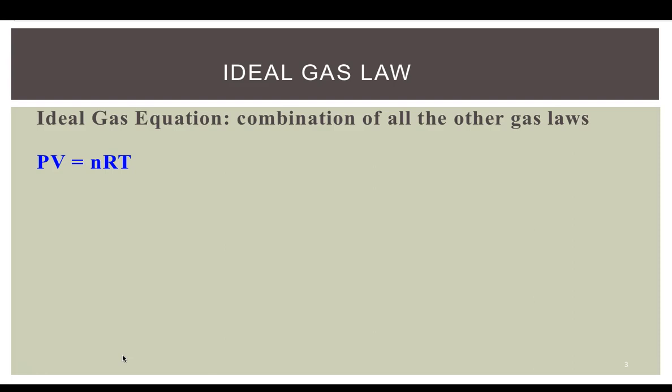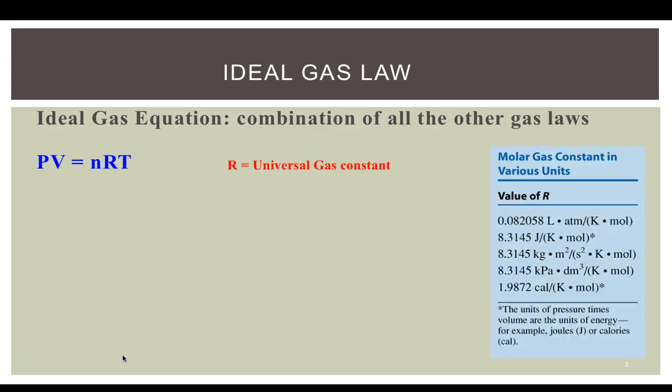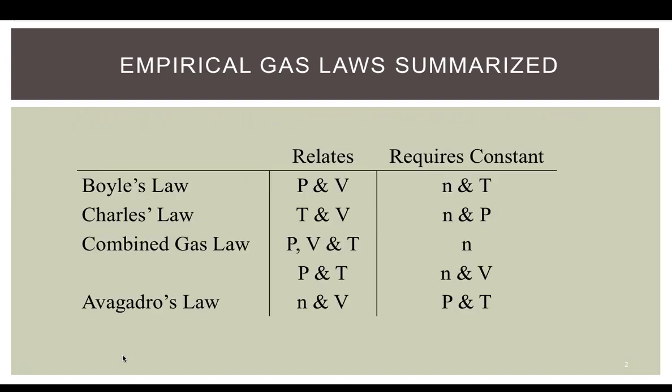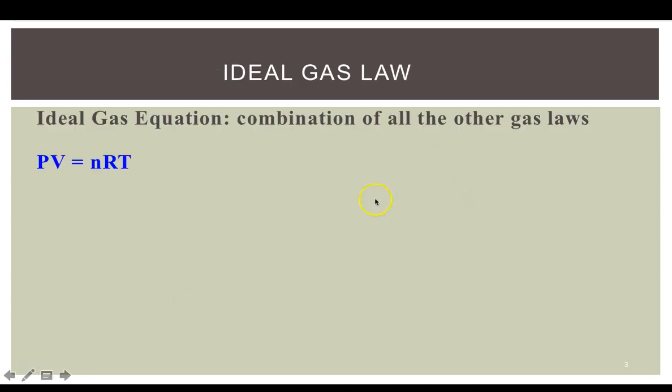So we have this other variable that just popped up out of nowhere, at least seemingly, which is R. So R is the universal gas constant. And so when we were talking about constants before, like P times V equals a constant, if you notice the equation we have right there, P times V equals nRT, if we remember Boyle's law, n and T are being held constant, and P times V equals a constant, so we can lump all 3 of those together.